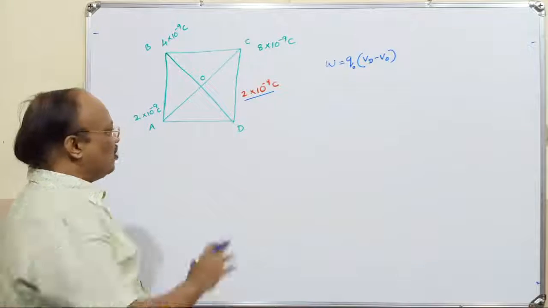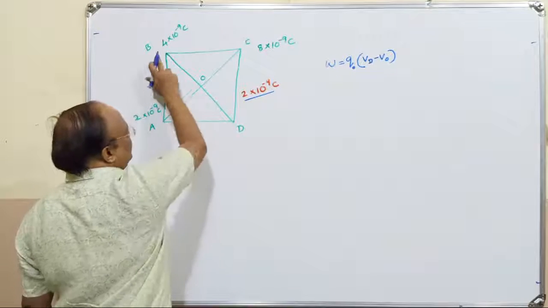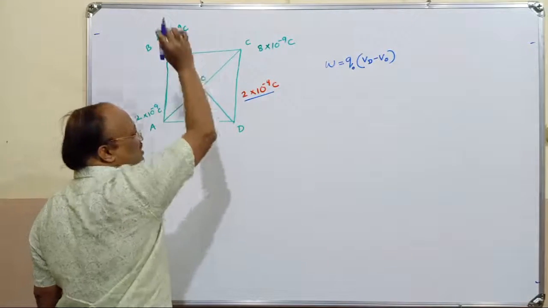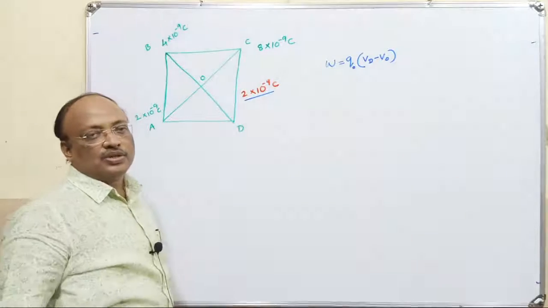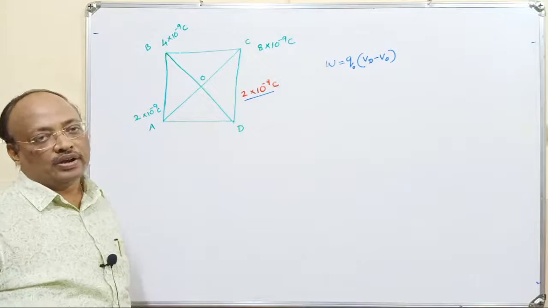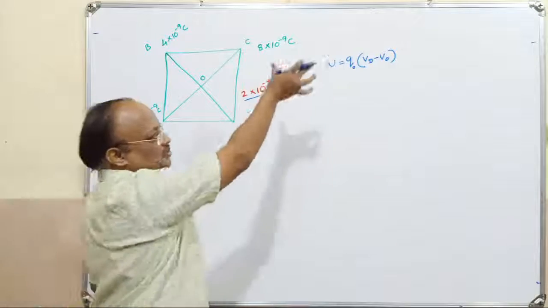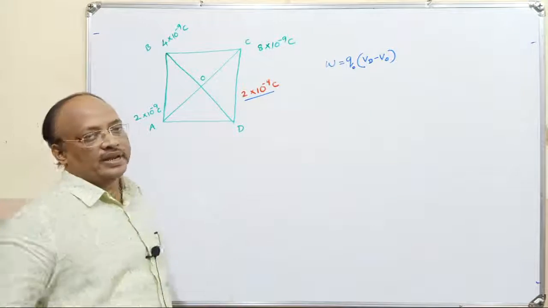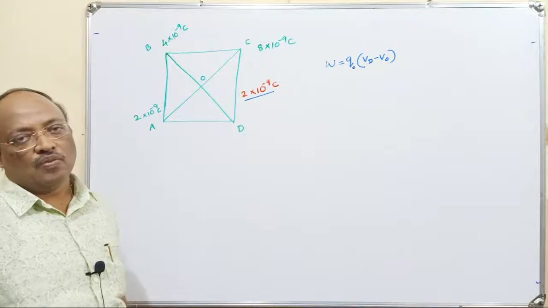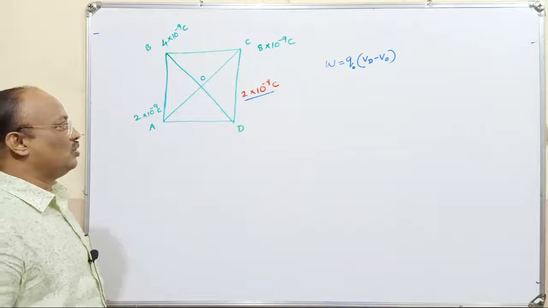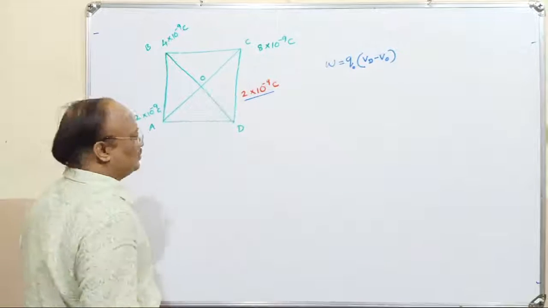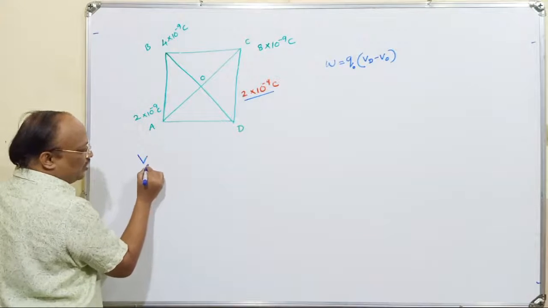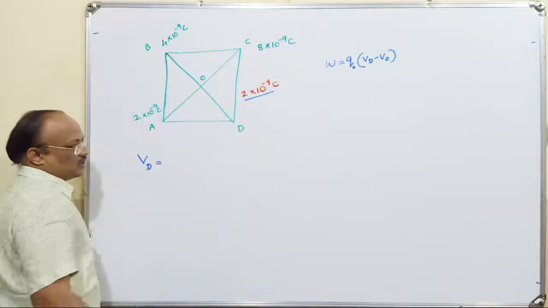Then if we substitute in that expression, we will get the amount of work done. So we'll find out Vd first.